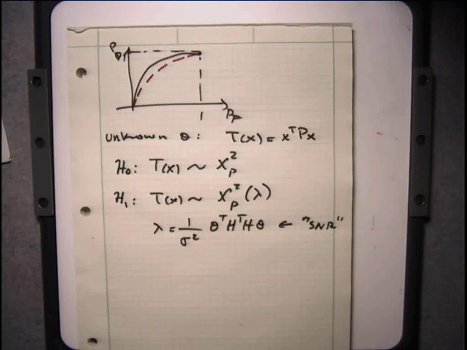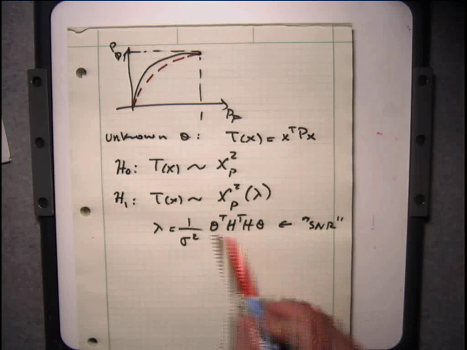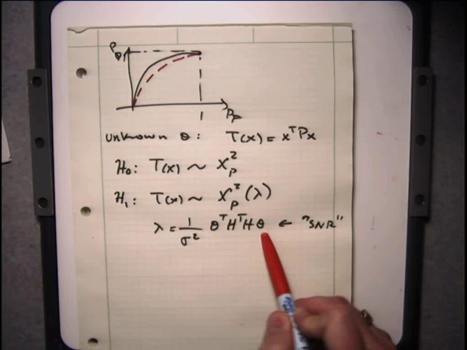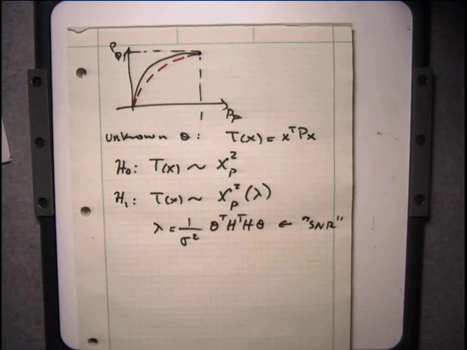Then how should we compute theta to compute the chi-square distribution? Well, like I said, you can take this to be any scalar you want, theta transpose H theta, if your objective is just to draw a ROC curve. But we need to compare with the previous case, so we need to know the exact value of theta. Right, but remember, even in the previous case, you're assuming that you know theta.